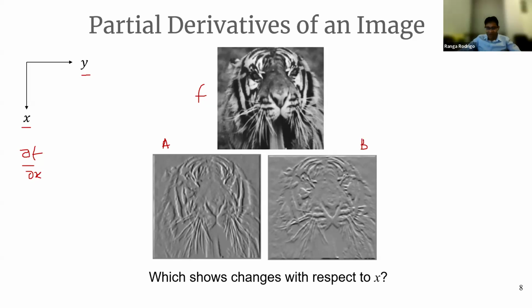I'm asking which one is partial f by partial x, A or B?